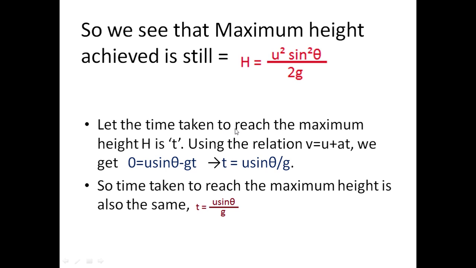Let the time taken to reach the maximum height be t. Using the relation v equal to u plus at, we get 0 equal to u sin theta minus gt. It gives us t equal to u sin theta by g. So time taken to reach the maximum height is also the same, t equal to u sin theta by g.